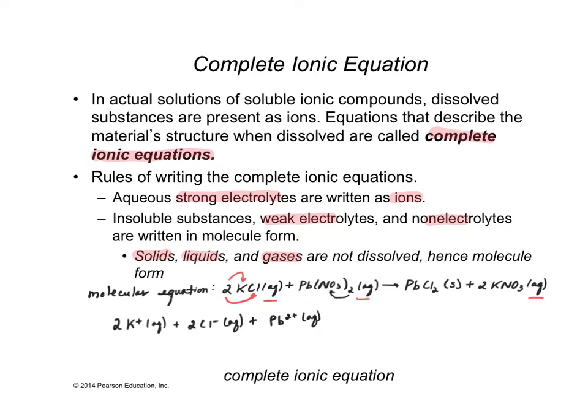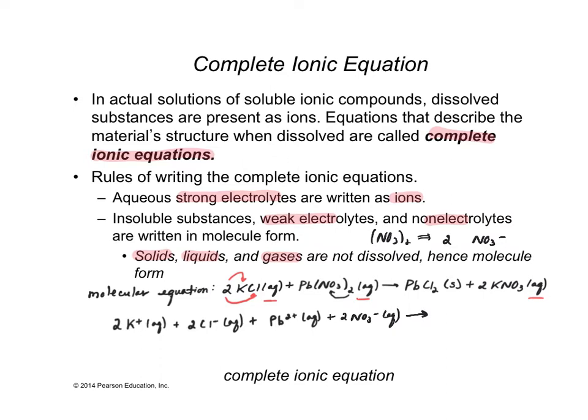And then we've got these nitrates, and that again is going to be distributive, so it goes to both of these. So this would be plus 2NO3 minus aqueous. Notice that I didn't write NO3 2, right, because this doesn't exist. All this really is just 2 separate NO3 ions floating around.